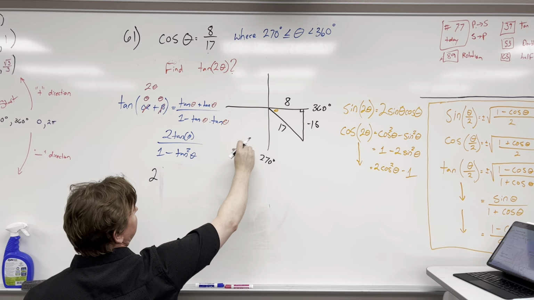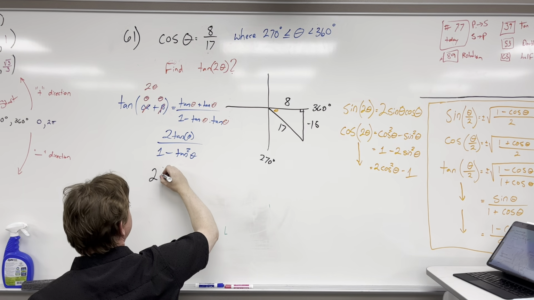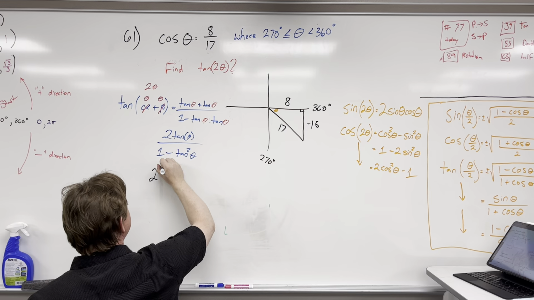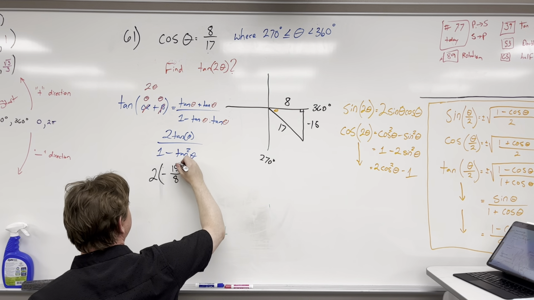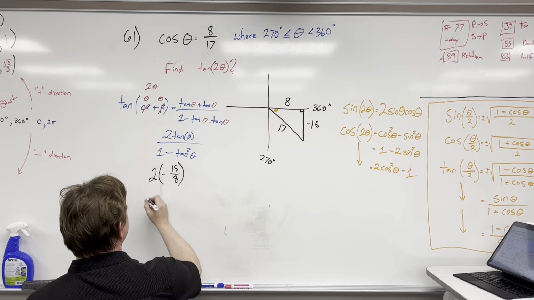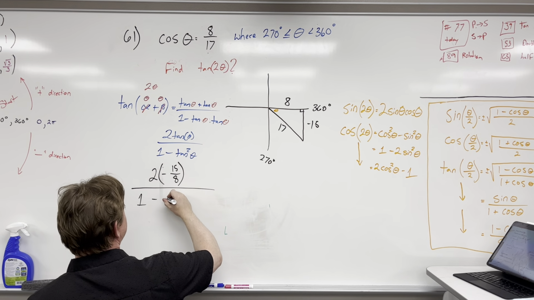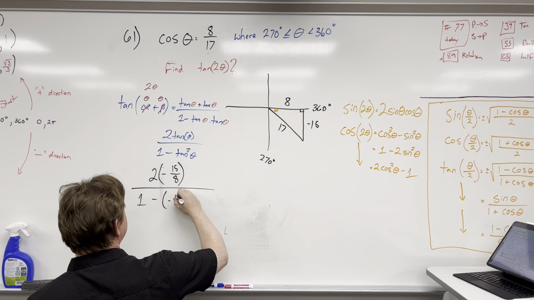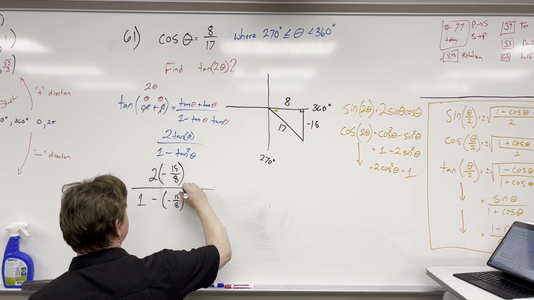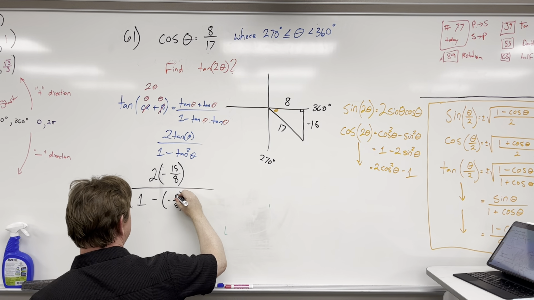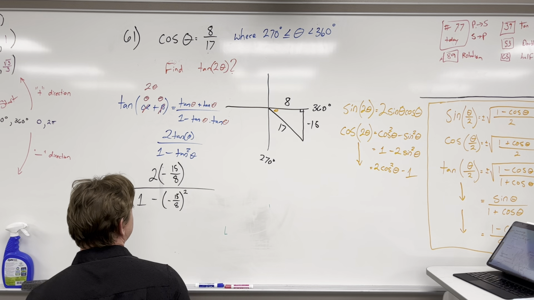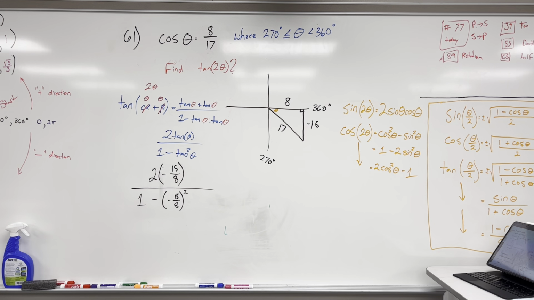Tangent is our opposite over our adjacent, so it's negative 15 over 8. This is where that will royally mess you up. Then we have 1 minus negative 15 over 8, squared. We get that, and now we're just doing some algebra.